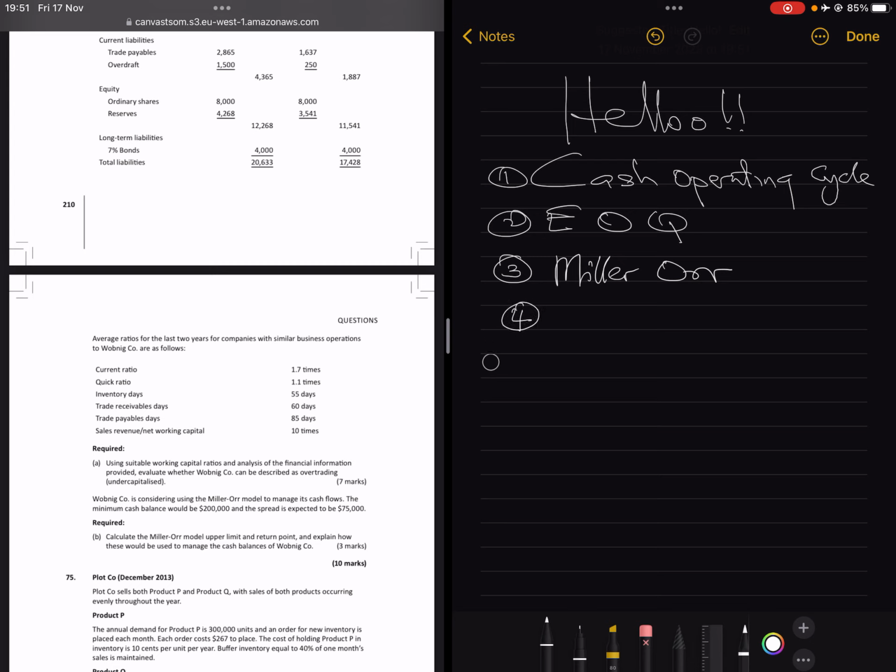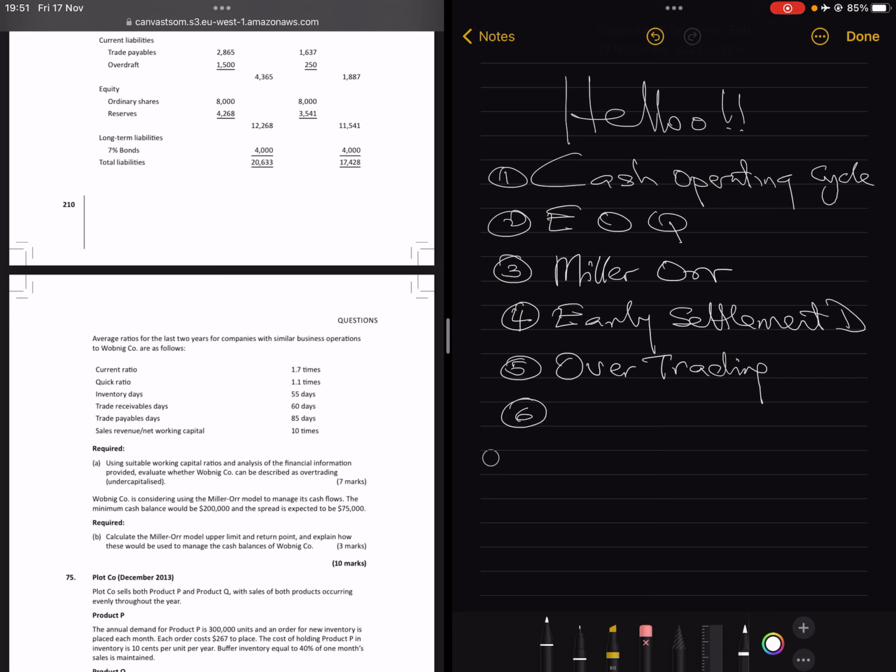We've looked at early settlement discount. We've looked at overtrading. We've looked at bulk purchase discount for inventory management. And we've looked at factoring.